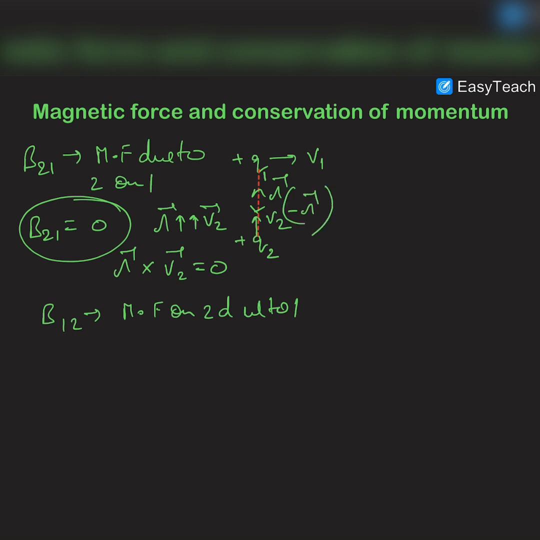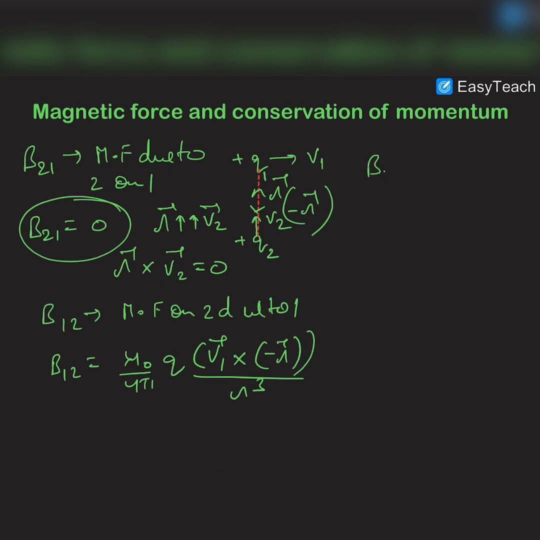So B12 will be equal to mu naught by 4 pi into q V cross R. Now V is the velocity of q1, which is V1, cross minus R vector, upon R cube, and you can see that obviously V1 and R vector are mutually perpendicular.